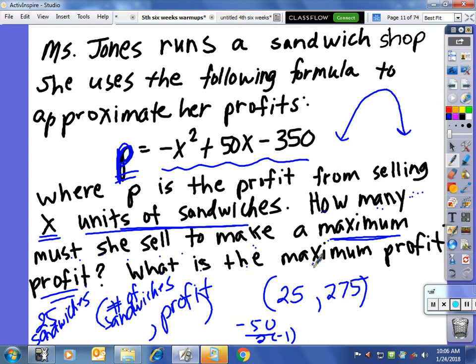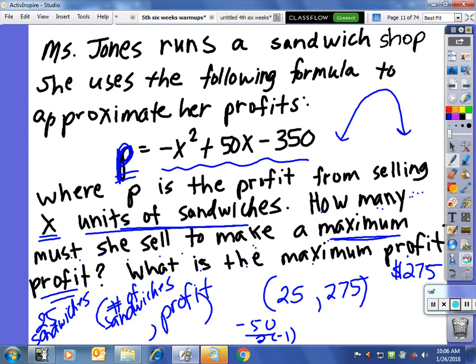What is the maximum profit? $275. In other words, if she sells 25 sandwiches, she will make her maximum profit of $275. Okay, so that's how a typical word problem could sound.